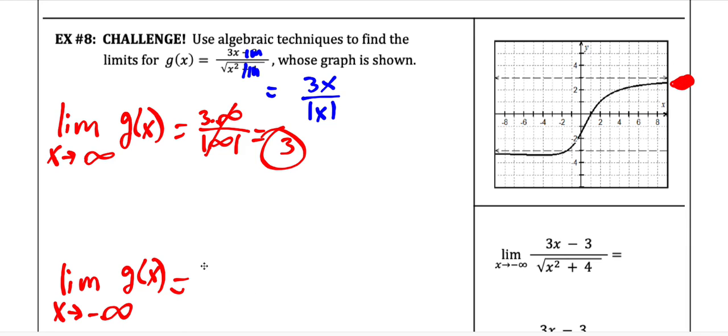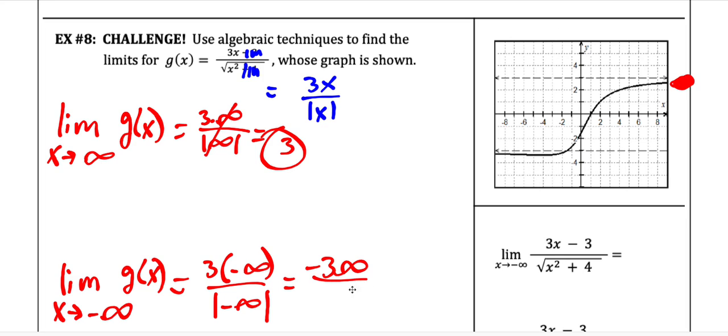When you plug in negative infinity, the denominator turns to positive, and so you have negative 3 infinity divided by infinity, which is negative 3. And you can kind of see that in the picture as well.